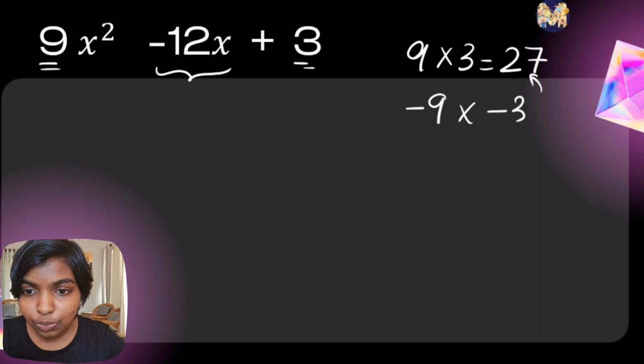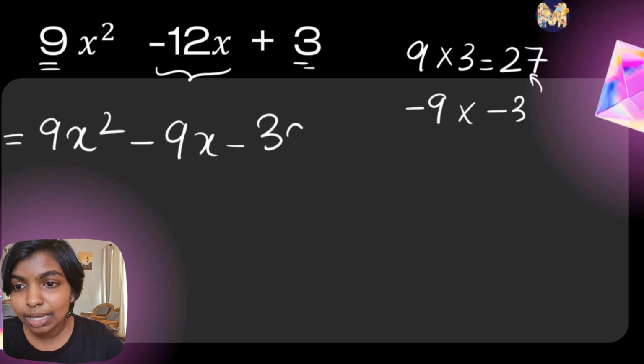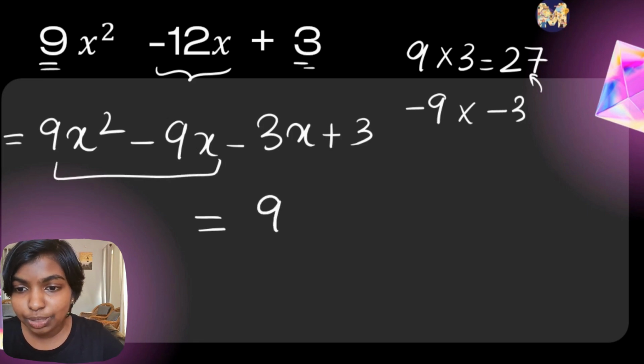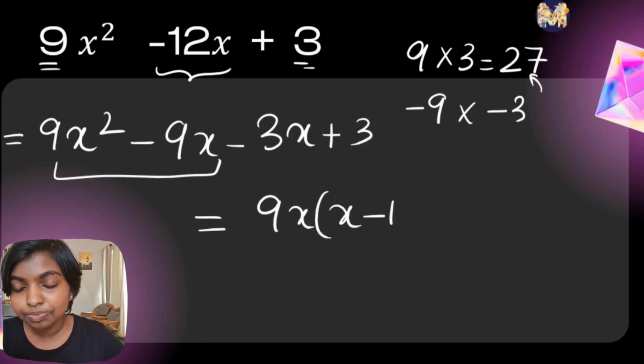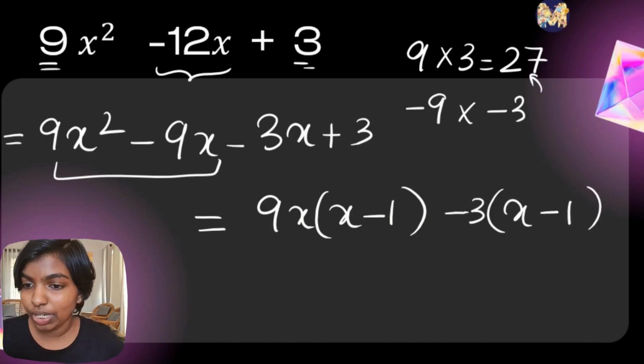Okay. So let's go ahead and write the next step. 9x square minus 9x minus 3x plus 3, right? Then we can take 9x common from the first two terms, so we'd be left with x minus 1. And then if we take minus 3 common from minus 3x plus 3, we would be left with x minus 1 again, right?